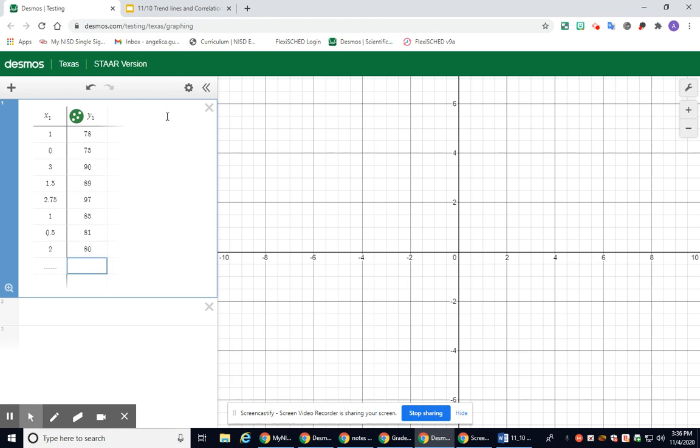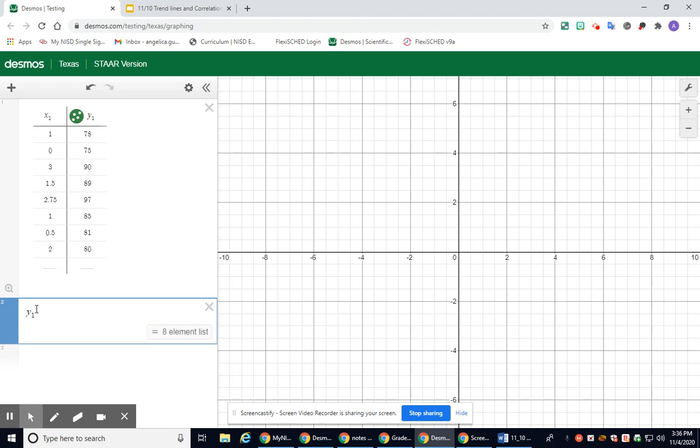After I enter these values, I am now going to use the next line. If I click here, what I need to enter is y1 and then approximate it to m times x1 plus b. If I use my keyboard and type y1, it automatically makes the subscript for me.